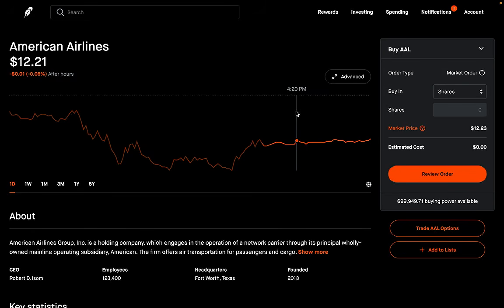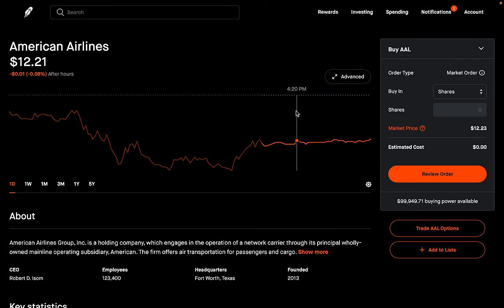So in other words, what this means is that you believe that a big drop in the price of the security is more likely than a big increase in the price of the security. However, this strategy will still allow you to make money both ways.